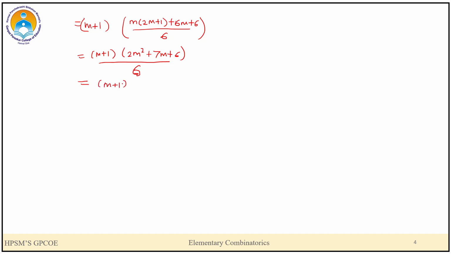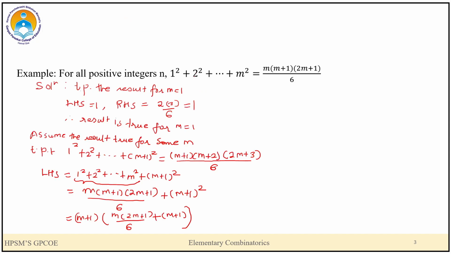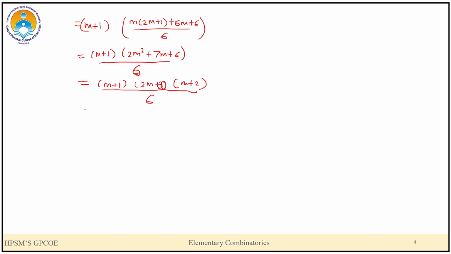So we will get m plus 1 into 2m plus 3 into m plus 2, the whole divided by 6. And that is what we wanted to prove. We had to prove it is m plus 1 into m plus 2 into 2m plus 3 divided by 6, which is nothing but the right hand side.